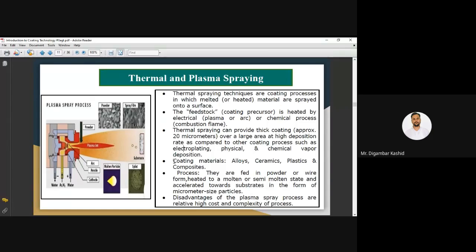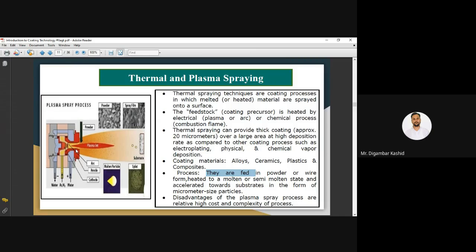Which coating materials can we use? We can use alloy, ceramic, plastic, or composite material as a coating material. Now, how can we do this coating? What is the process? Normally, the coating material is fed in the form of powder or wire.